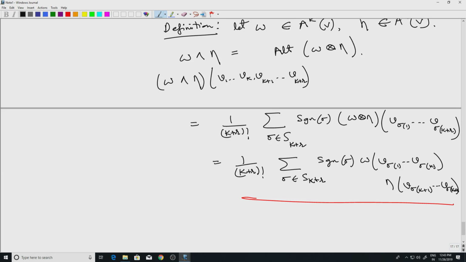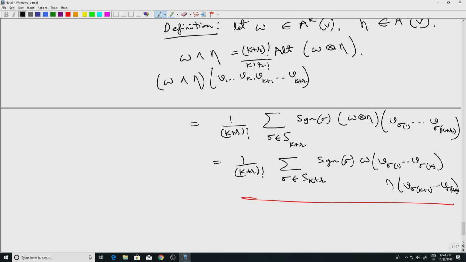Now last time I had not written the constant which occurs in the definition, so this time I'll write the constant. So the constant here is actually (k plus r) factorial over k factorial r factorial. And the reason it's defined like this becomes immediately clear, because alt itself has a 1 over (k plus r) factorial.